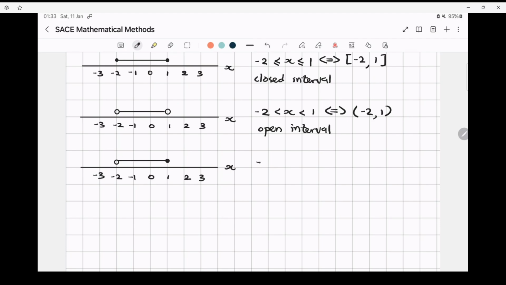So you write something like this. And this is similar to -2, 1. So this will be a mixed interval. You mix open and closed.